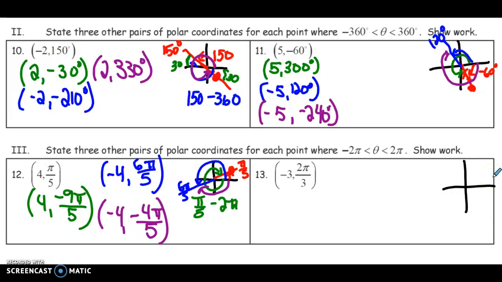I'm drawing my x and y axis. Two pi over 3. The numerator is 1 less than the denominator, so it is in quadrant 2. But I'm going backwards from 2 pi over 3. So here's my point.